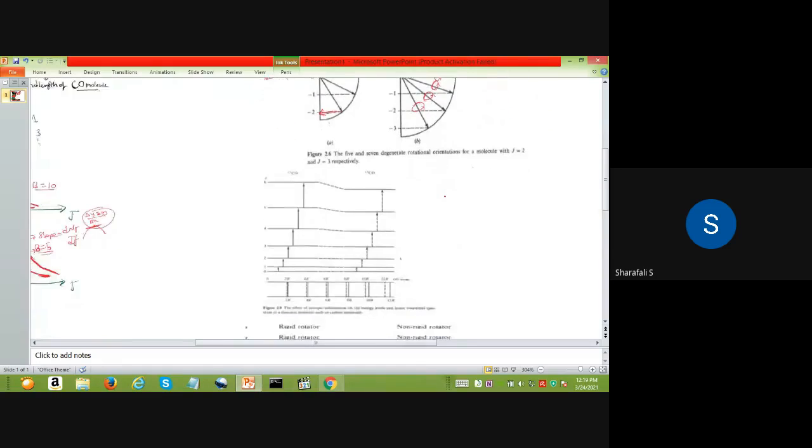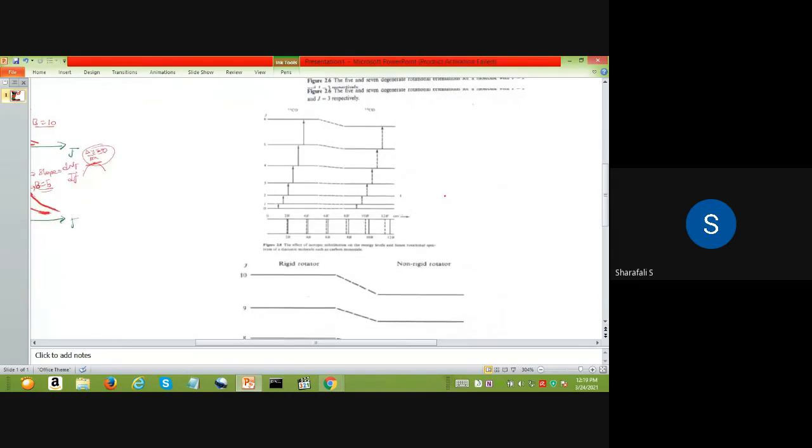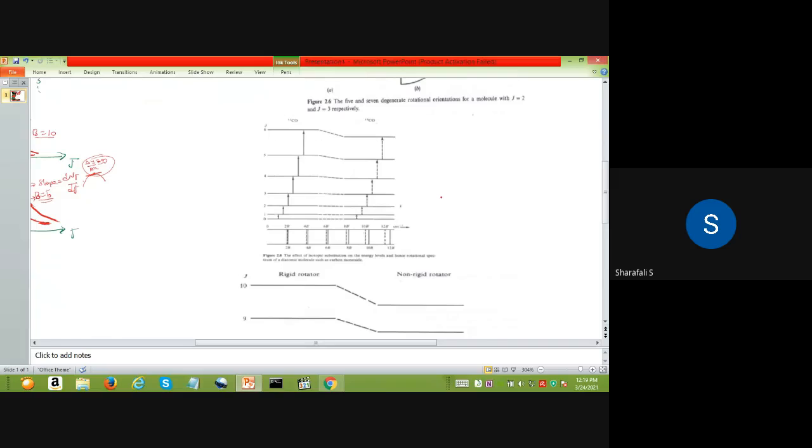Now, if you consider another important thing, this is for the application. When you consider the application, we can find out the effect of isotopes in different molecules. This corresponds to the isotopic effect.